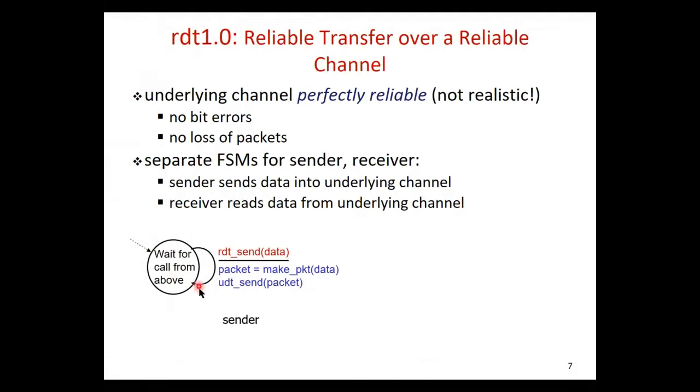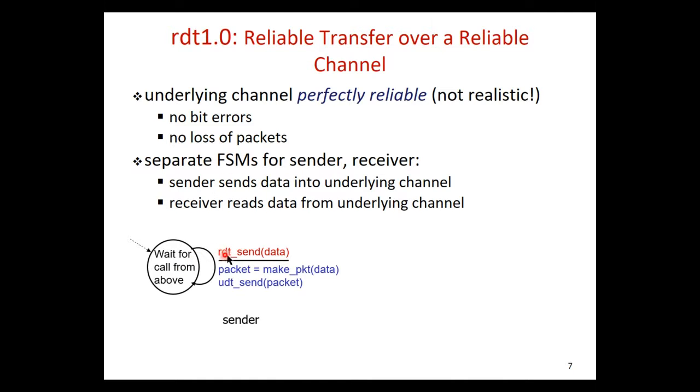At the sender side, the FSM has only one state. This is a state where it will wait for data. Call here just means data to be transmitted, right? So wait for data to be transmitted from above, which is the application layer.